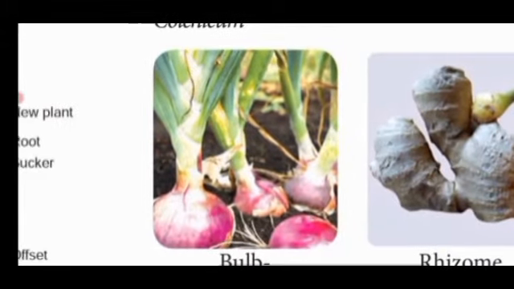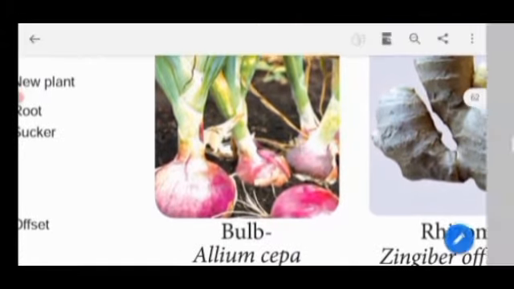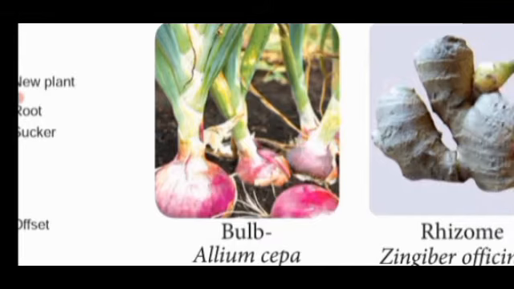First is the bulb. It is a condensed conical or convex stem surrounded by fleshy scaly leaves. Examples are onion and garlic. They are of two types.